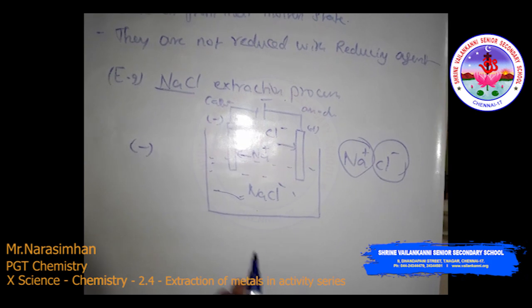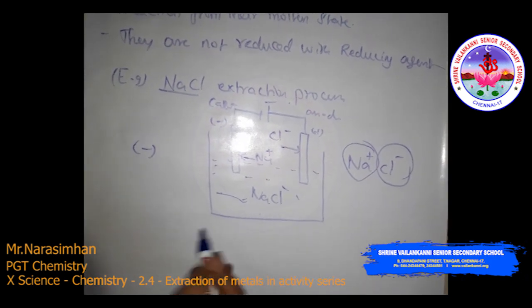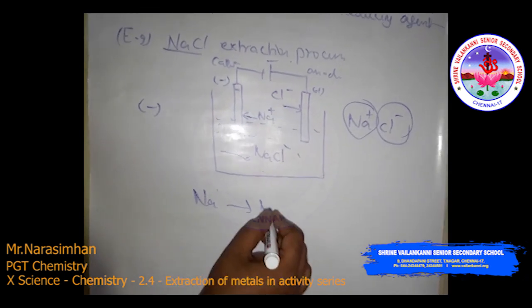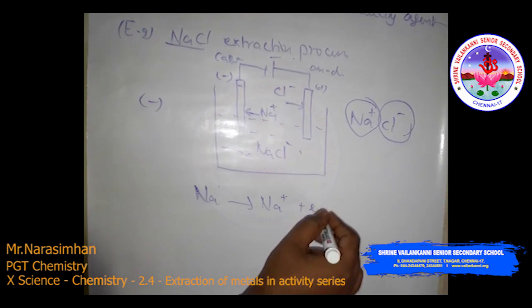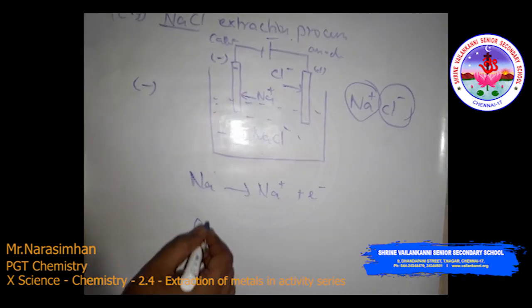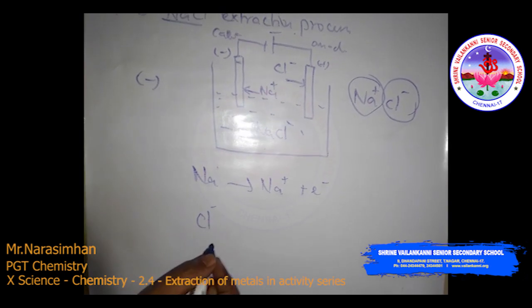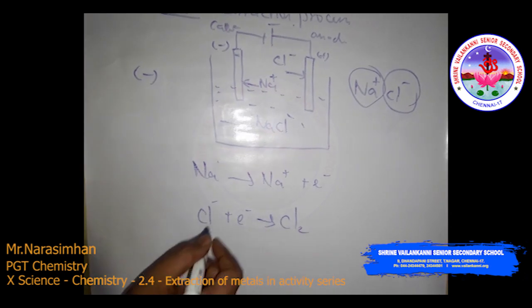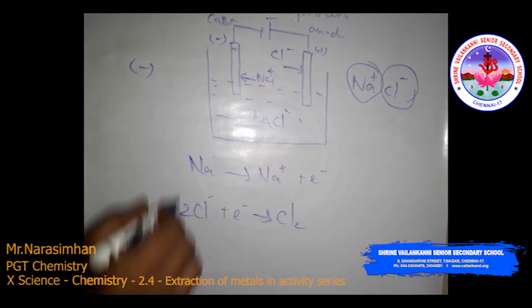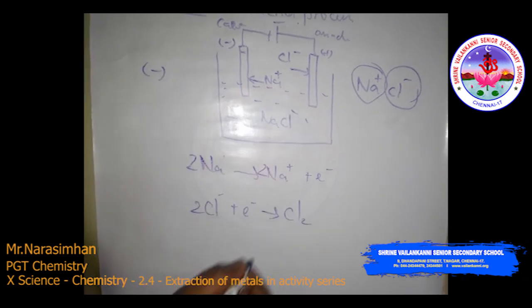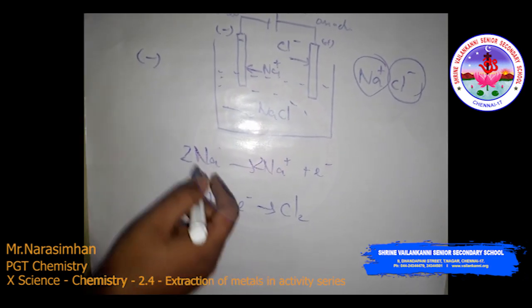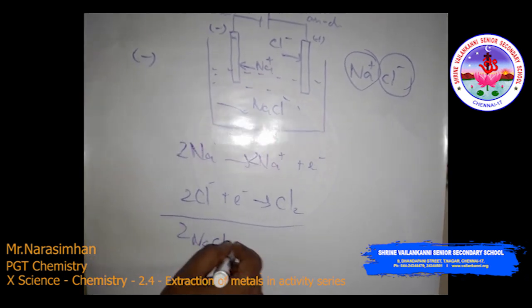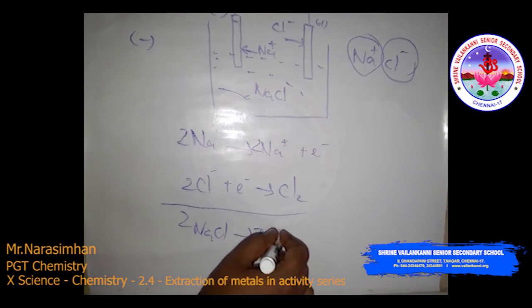So this is the cell reaction. NaCl gives Na plus and Cl minus; Na plus gains one electron, and Cl minus loses one electron to form Cl2. So 2 NaCl gives 2 Na plus Cl2.